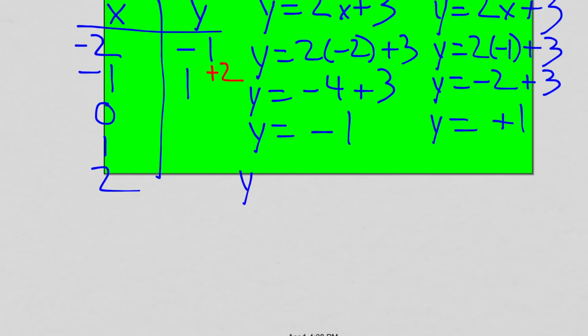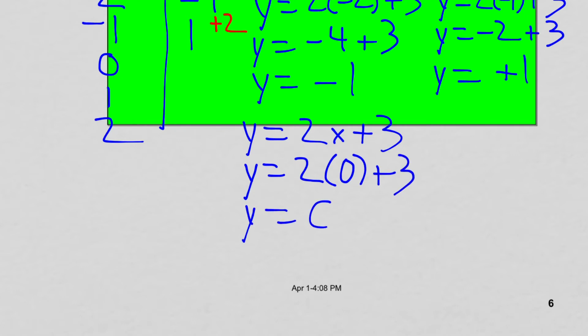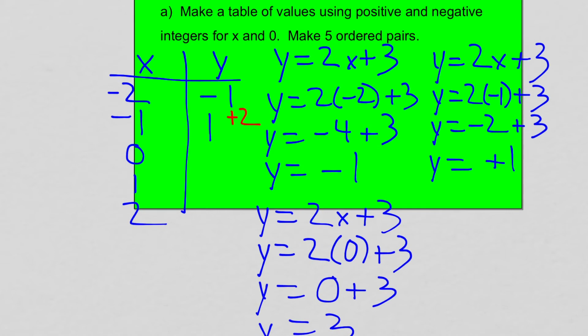We'll use the equation again, y equals 2x plus 3. We'll replace the x with 0 this time. y equals 2 times 0 plus 3. 2 times 0 is 0, plus 3, so y equals 3. When x is 0, y is 3.